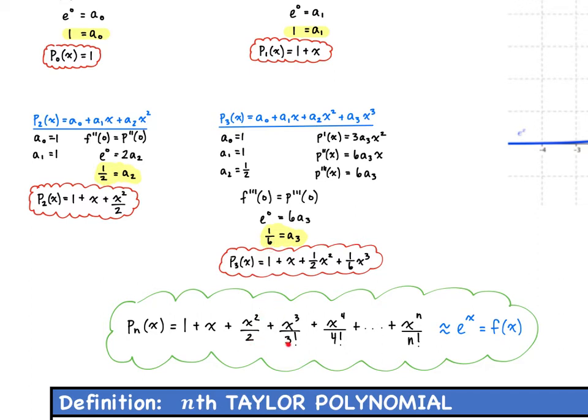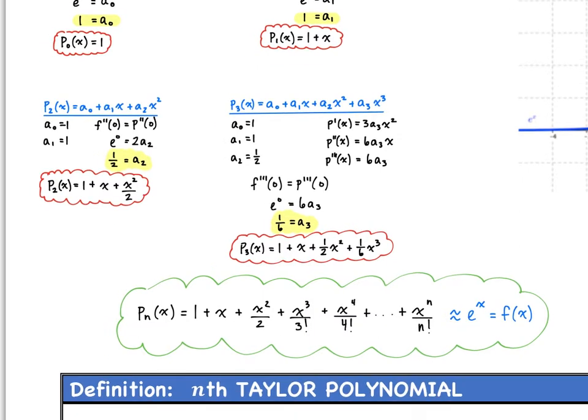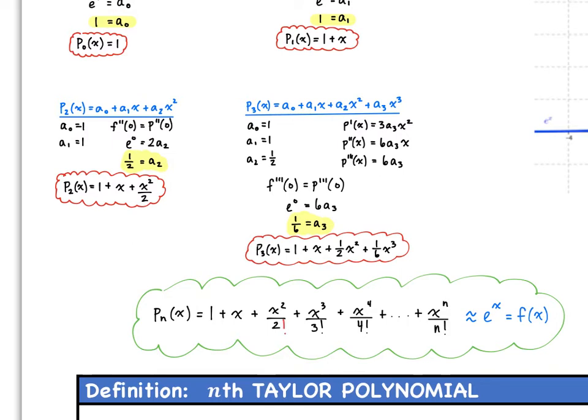It's 3 factorial. So we would get x cubed over 3 factorial if we went backwards. This 2 is the same as saying 2 factorial. And this x term here is like saying x over 1 factorial. So what we notice is the degree matches the factorial in the denominator. And we would keep going on.